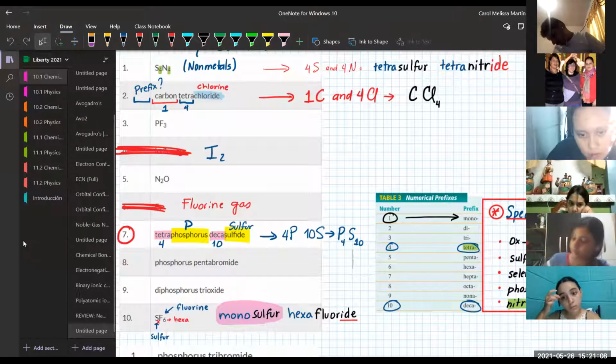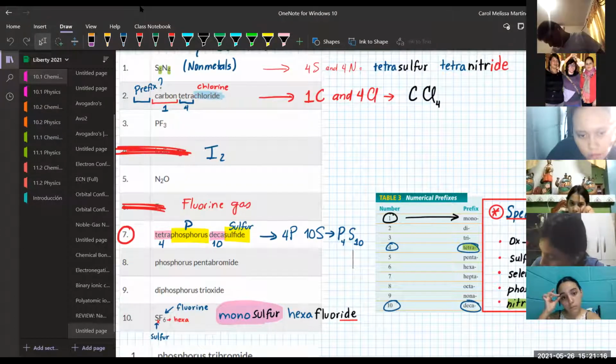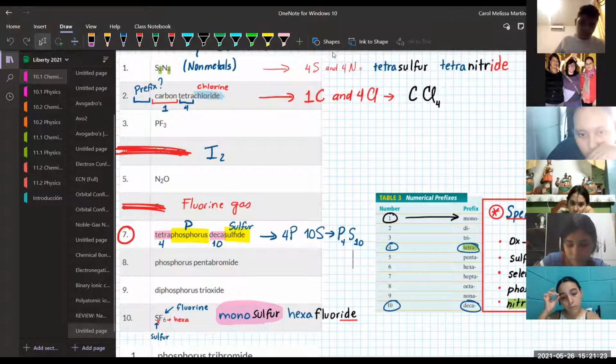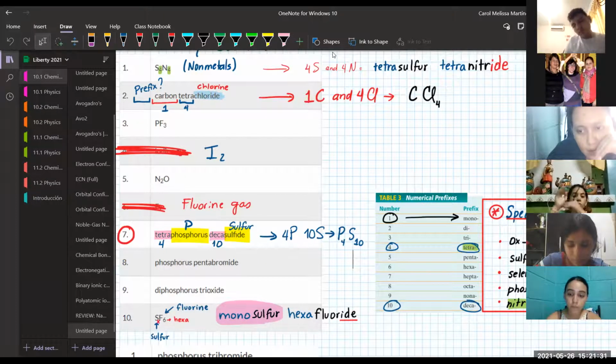If the first element has 1 as a subscript or an invisible 1, you will never in your life write mono, only in the first element. So you get rid of it and just leave the sulfur. The sulfur goes alone in this exercise.